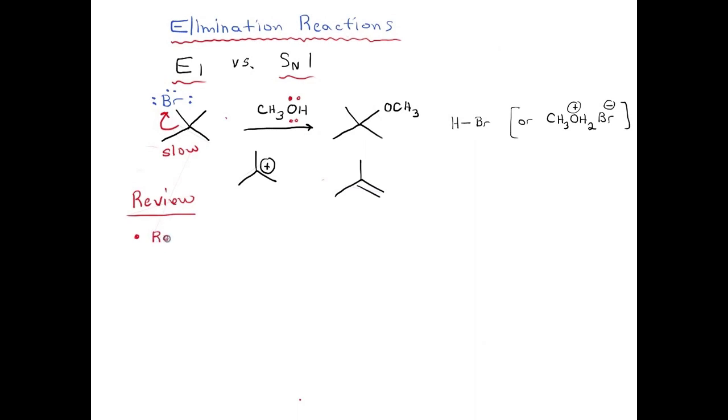So the rate law is unimolecular, depending only on the concentration of the substrate, and that is where the 1 in E1 and SN1 comes from. Consequently, they both go through formation of a carbocation.